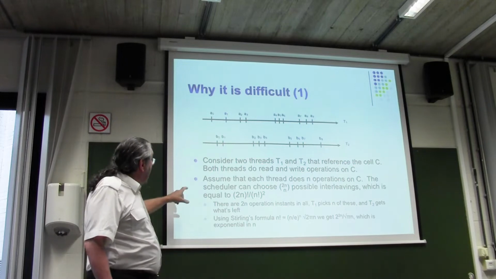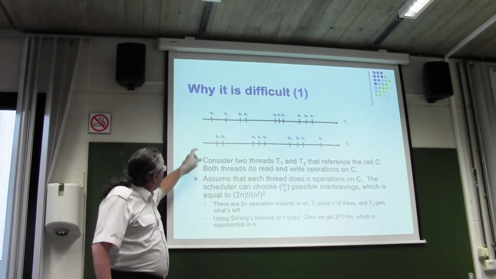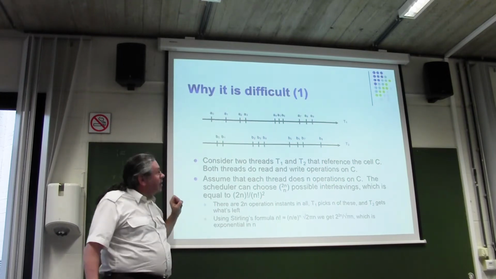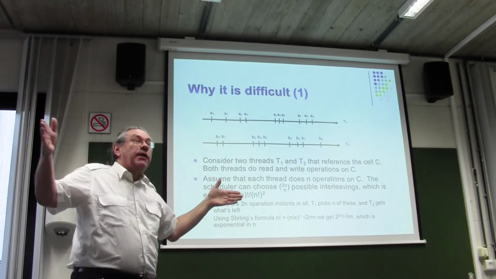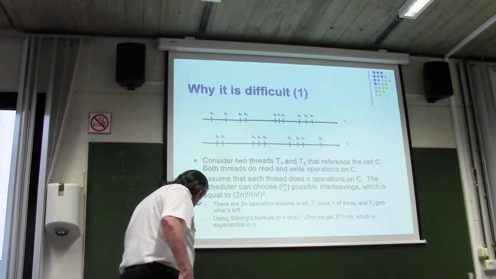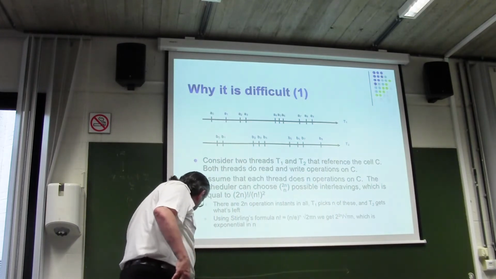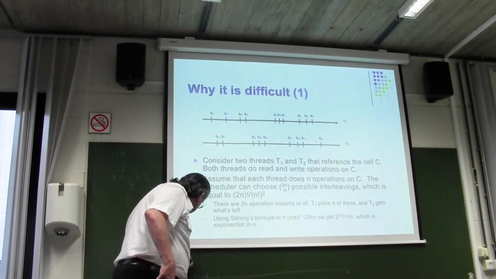My question now is, how many choices are there? In fact, if you have n operations on each, that makes a total of 2n operations. And they're like slots. The scheduler will choose operations, and you have slots.